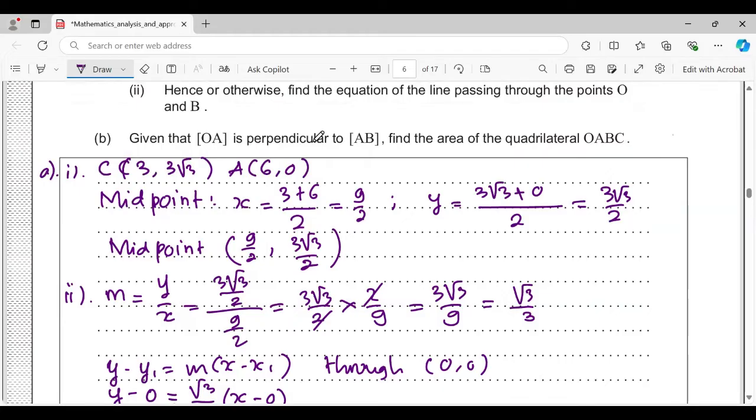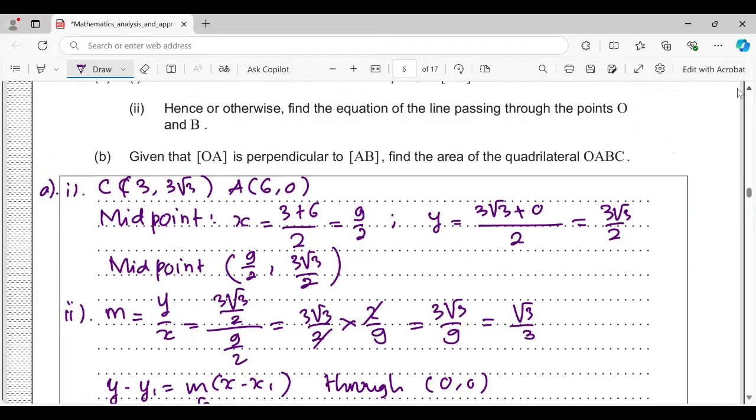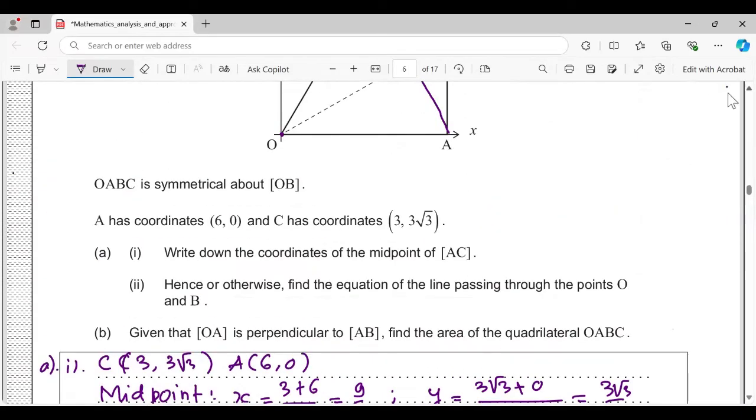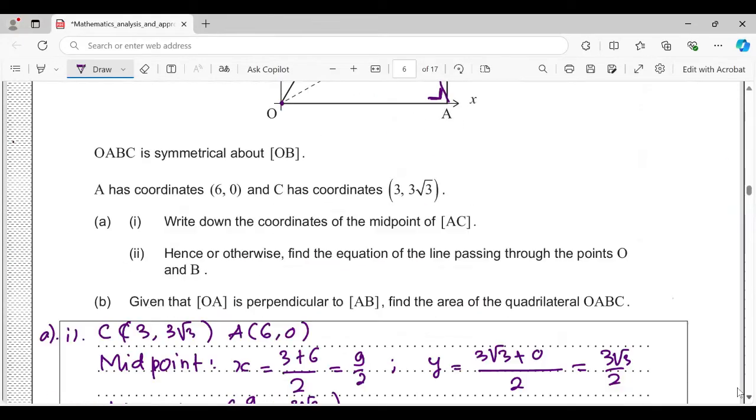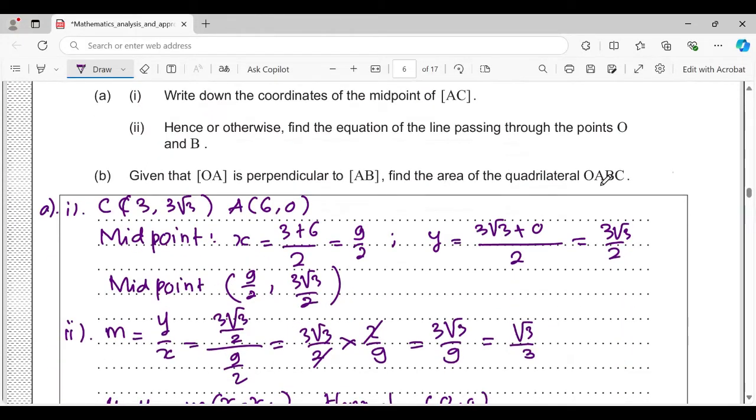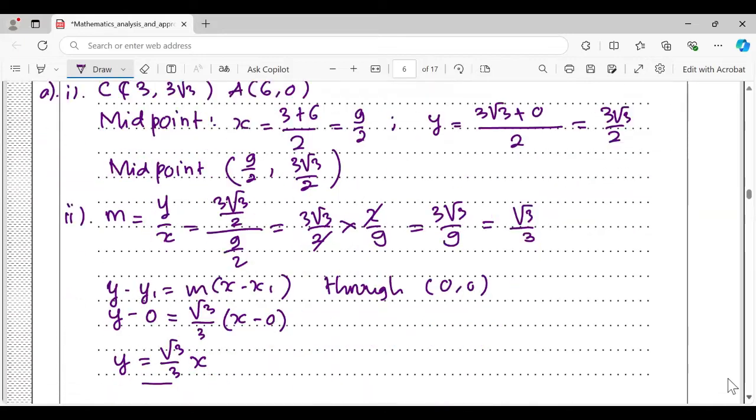Given that OA is perpendicular to AB, OA perpendicular AB, this one. This is 90 degrees because perpendicular. And then find the area of the quadrilateral OABC.